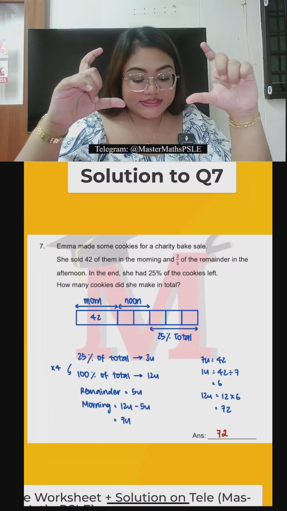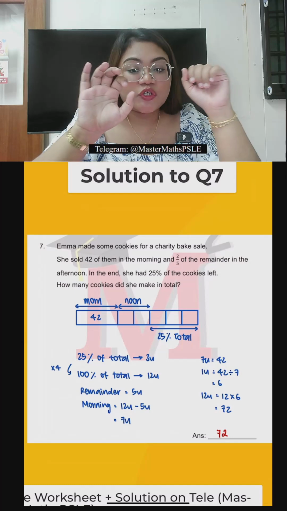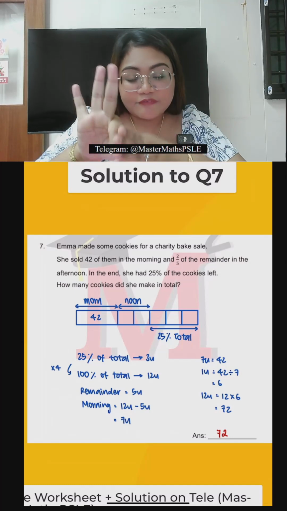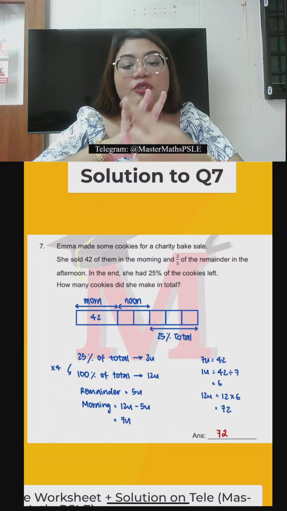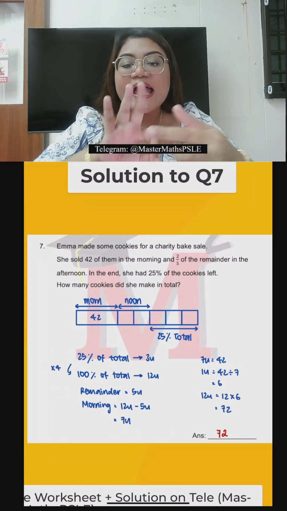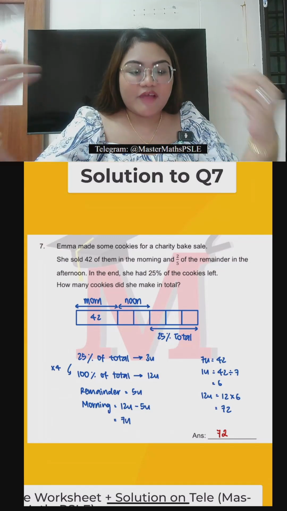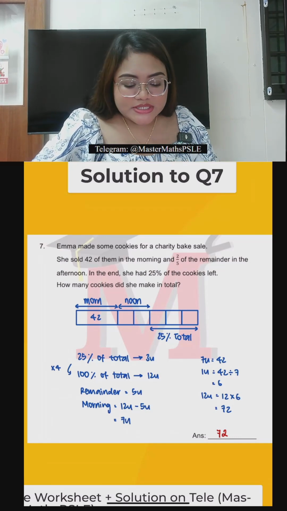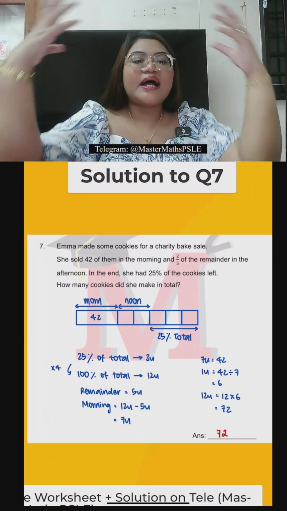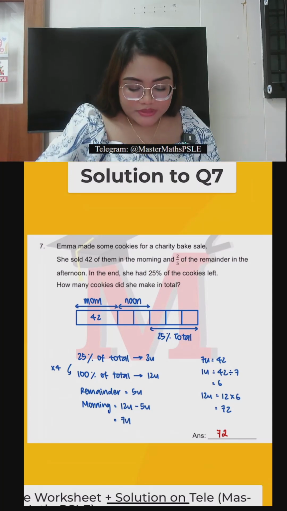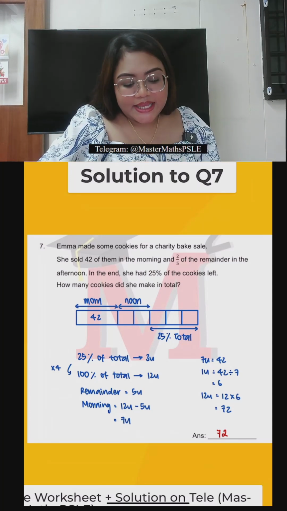Everybody understand the model here? So 5 in the remainder, you take away 2 for afternoon, and then you'll be left with 3 units of the remainder balance that you didn't sell yet. And this 3 units is the 25% of the cookies. The entire total number of cookies will be 100%, and that's 12 units.